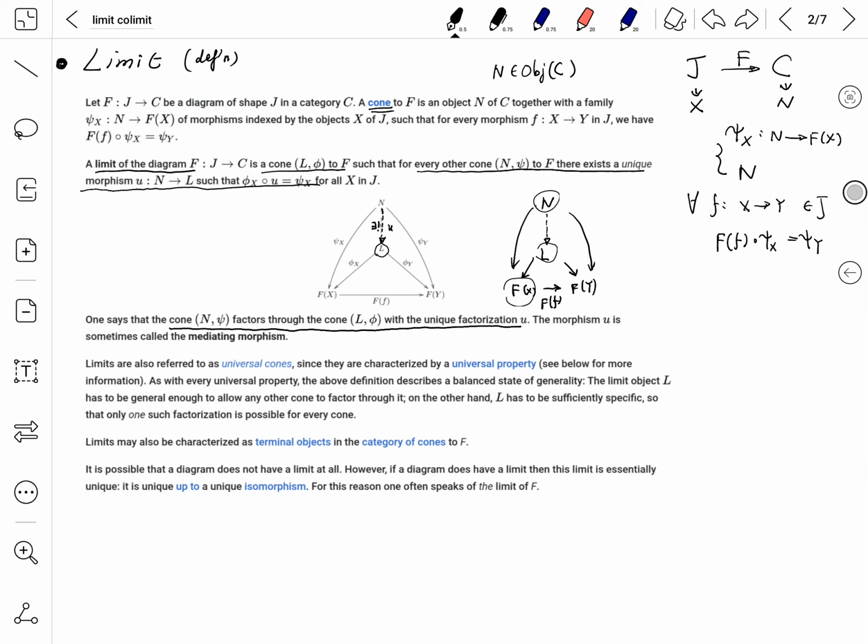We will see that this way of remembering things still works for colimit. Basically this is the definition.